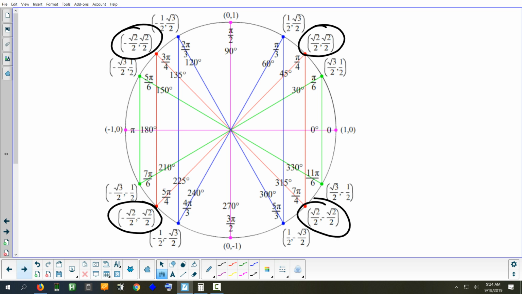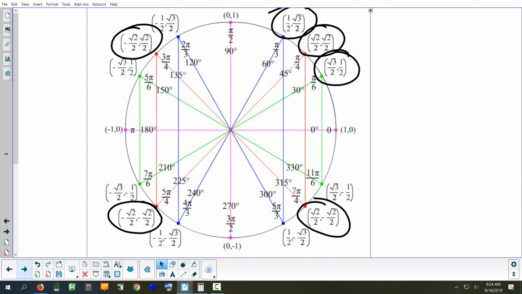The only difference is sometimes they're both positive, sometimes both negative, or one of each. If you look at the green triangles, those are the 30s. Those are all root 3 over 2, 1/2. Sometimes it's negative, sometimes positive, sometimes both negative. It just depends. So the only coordinates you really need to know are those three.